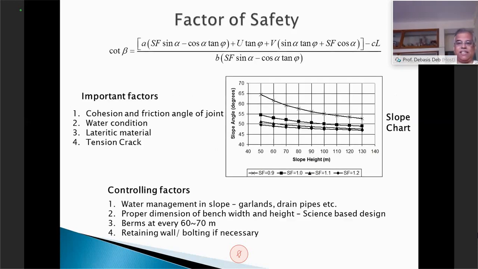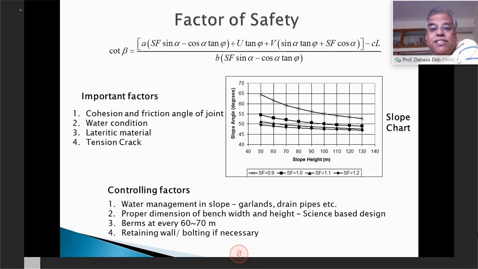Now similar like before, we can estimate the cot beta and calculate some slope chart. This is some different data for different water conditions. So you can see the slope chart is more or less the same. And in a similar way we prepare the slope chart for different patterns.